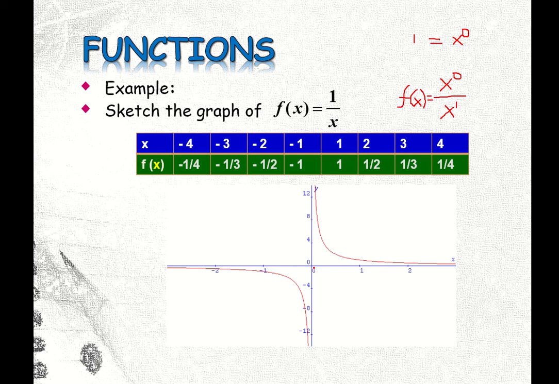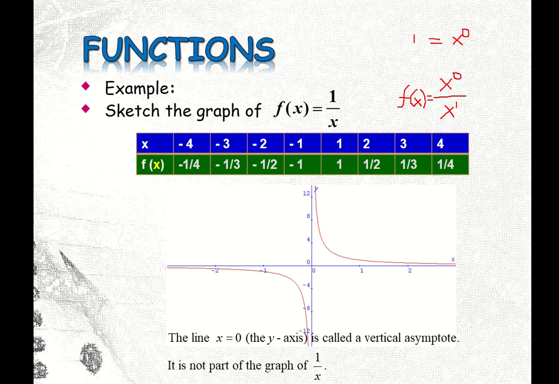When x equal to 0, we cannot define the function here. So this is the asymptote. This is the vertical asymptote, the line x equal to 0. The line x equal to 0 is the y-axis. So x equal to 0 is the same as the y-axis. Alright?